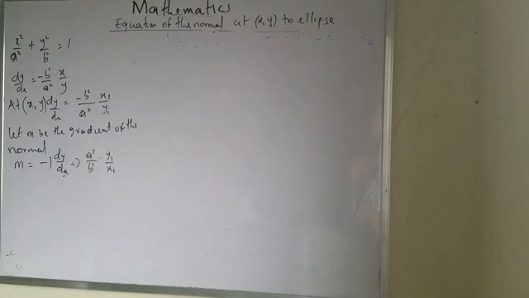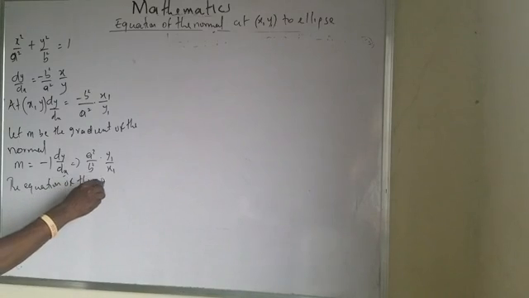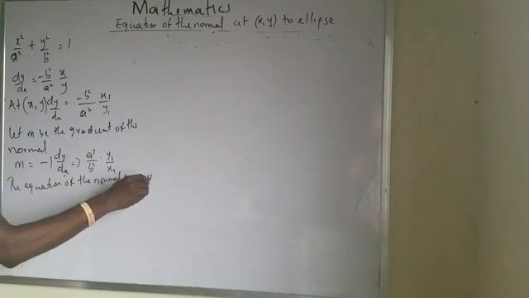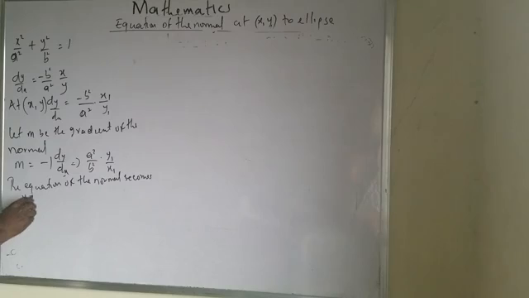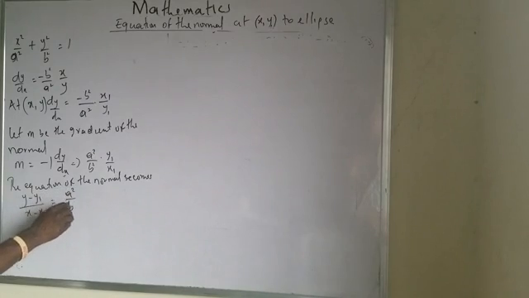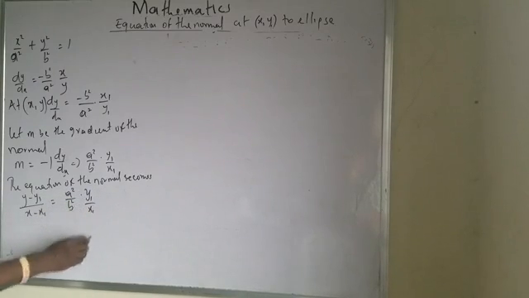Now, the equation of the normal becomes y minus y1 all over x minus x1 equals to a squared y1 all over b squared x1. Now, which I can now do one or two multiplication.